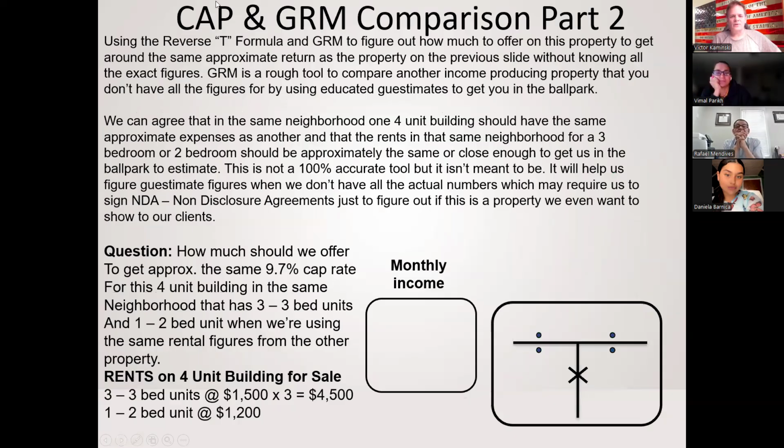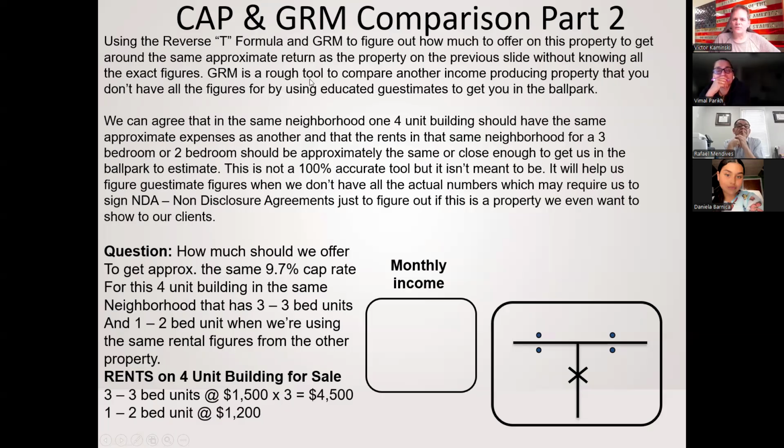Now we're going to apply the information from the previous problem to this one. But let's read what I wrote here on the notes up top. Using the reverse T formula and the GRM that we calculated for the other property to figure out how much to offer on this other property that came up on the market for sale in the same area, we're going to guesstimate it has the approximate same return on the investment from the previous slide without knowing all the exact figures of this property.